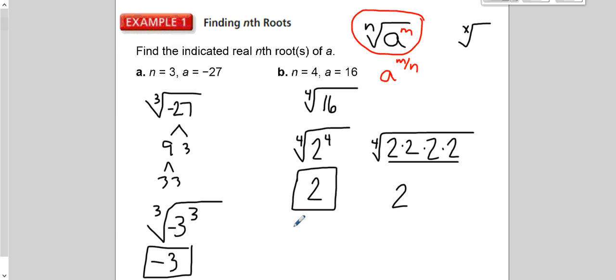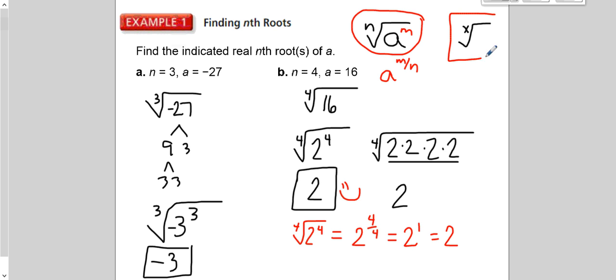So if we have the 4th root of 2 to the 4th power, that can be written in exponential form as 2 to the power of 4 over 4, which is 2 to the 1st power, equals 2, same as I got before. More than one approach. Remember, you're going to want to look for this button on a calculator to help you out, if nothing else, to at least check your answers. And that's example 1.